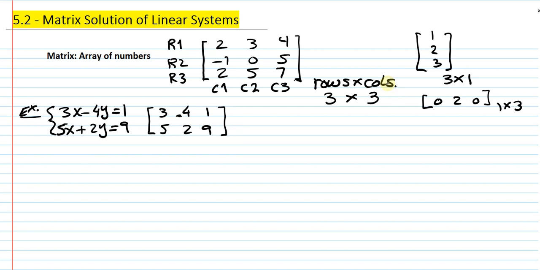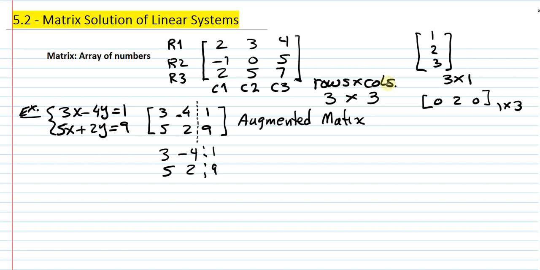Now some textbooks actually put some kind of a dotted line here to separate the coefficients from the constants, and they call this the augmented matrix. And how was it augmented? The presumption is that I had 3, negative 4, 5, 2, and then I augmented it with the constants. So that's where the name augmented matrix comes from.